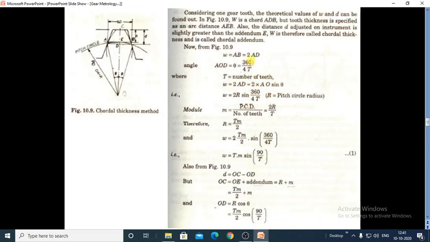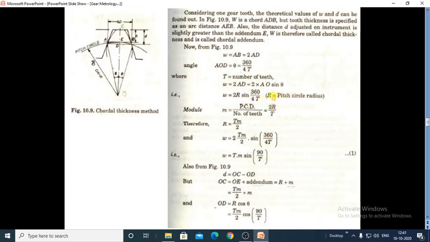Theta we have already written over here, 360 by 4T. AO is nothing but R, the radius. So W will become 2 into R into sine 360 by 4T.